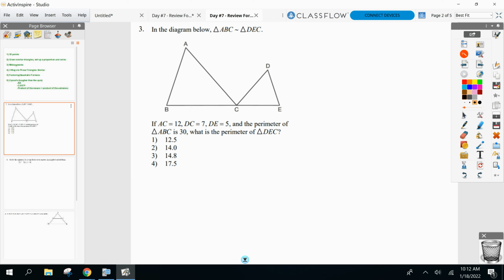Go ahead and label your sides. If you got to it, good. DE is 5, perimeter is 30. What's the perimeter of that small one? Calculators out.